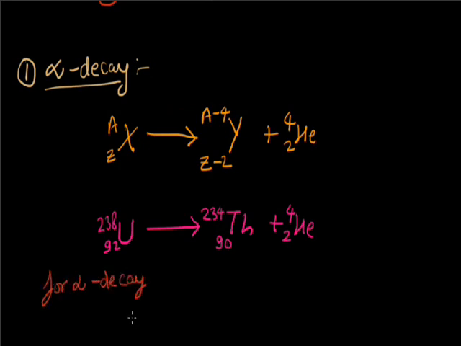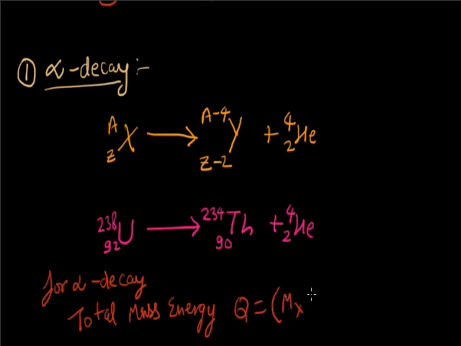For alpha decay, the total mass energy Q will be equal to mX minus mY minus mass of helium, times c square.